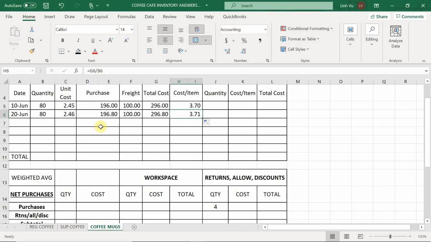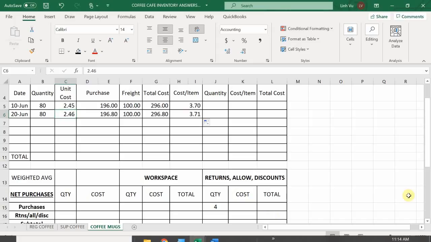Okay, so in this case, it says 196.80 divided by 80 should give you a cost per item of $2.46. Okay. Good. Why is it that I'm using $2.46 as opposed to $3.71?